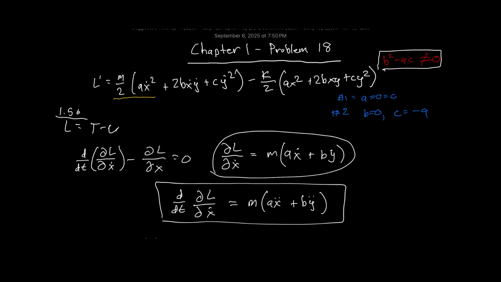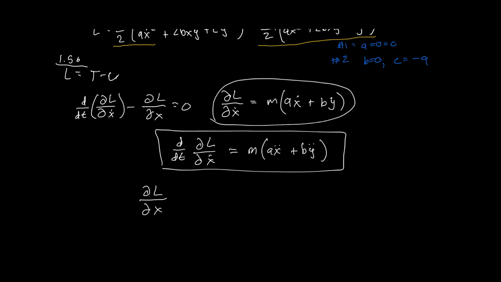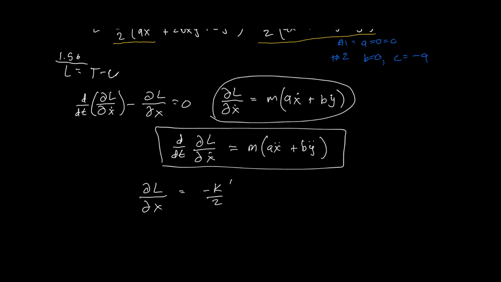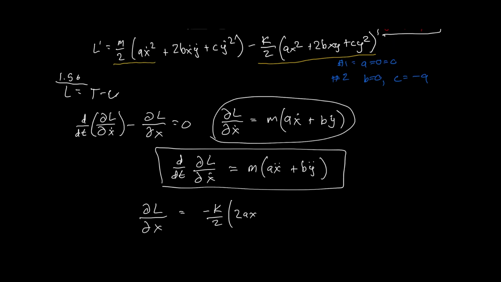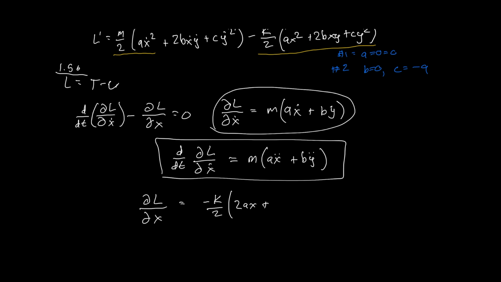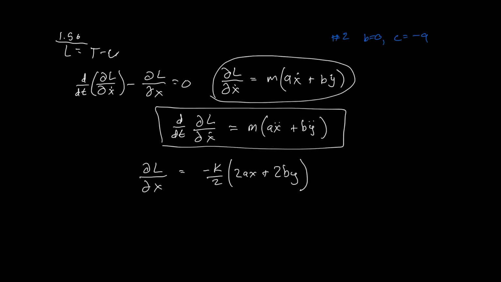So that's going to be up here, and that's going to be equal to minus k over 2 times 2ax plus 2by. And that's it, because our last term doesn't have anything to do with x. Then we can cancel out the 2, so it's minus k times a x plus b y. And that's our second term.